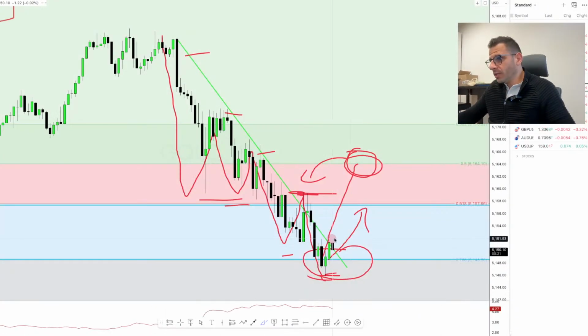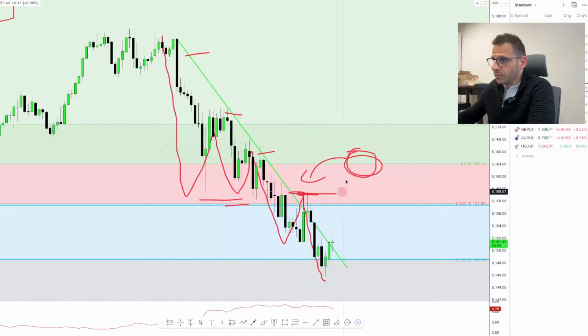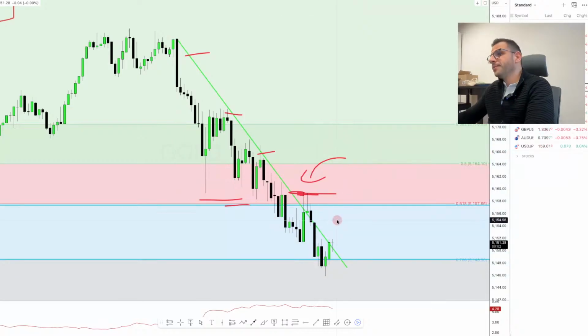And gold market, to be honest, becomes very interesting here. So now I became curious to see if price will move up there.